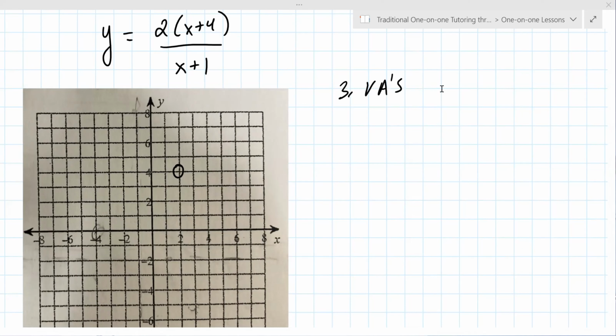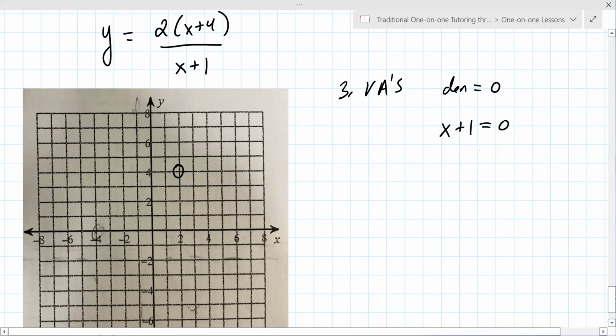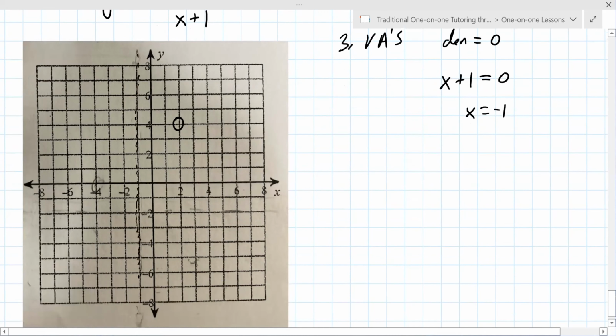You're setting the denominator equal to 0. Oh, yeah. So x equals -1. It's one of those things you're just going to have to really do something to remember. But like I said, you could graph it too, and then, oh yeah, there it is. It's at -1. That'll help here.